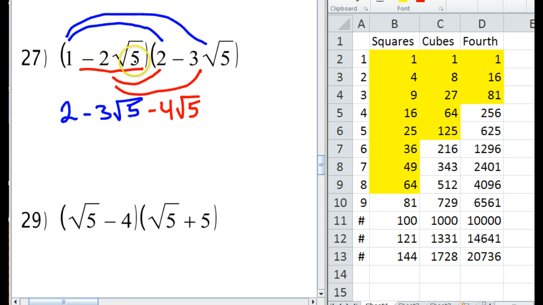Right, if I multiply these two together, this one and the 2. And then the last one's a little more tricky. Let's see here. It's negative 3. Notice I'm going to do the rational parts first. Negative 3 and negative 2 plus 6. And then radical 5 times radical 5 is radical 25, which is 5.